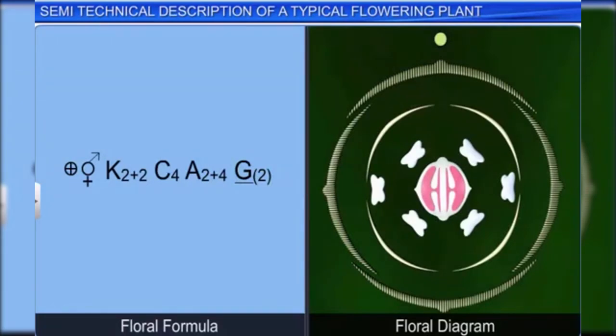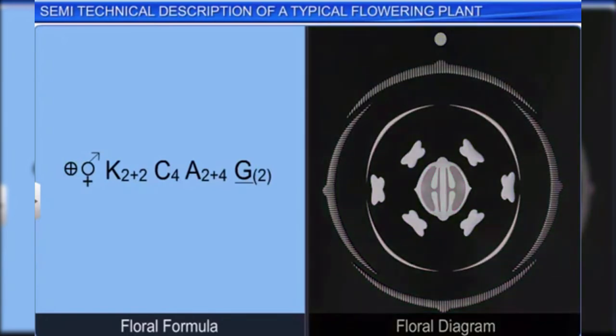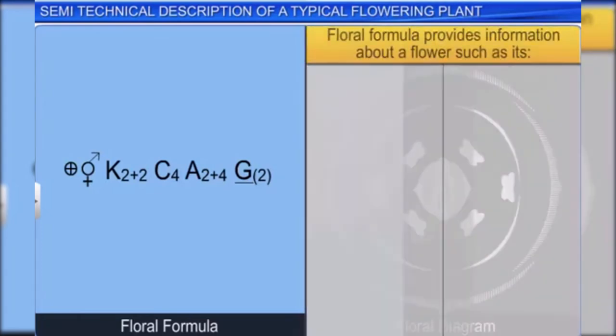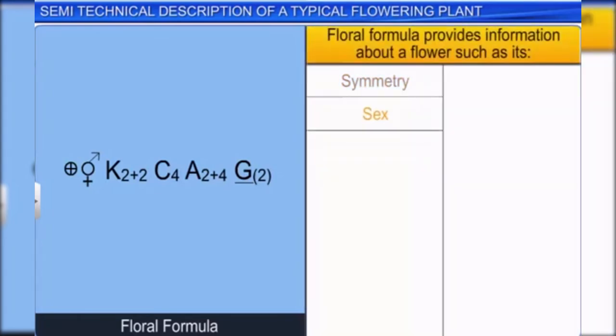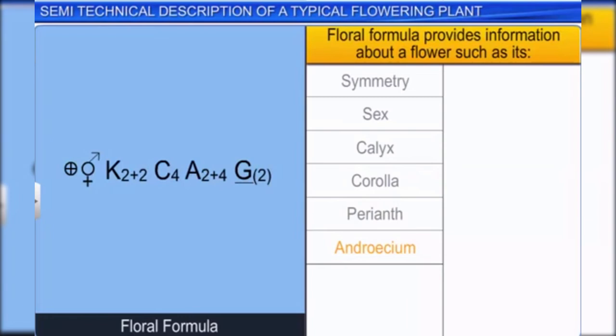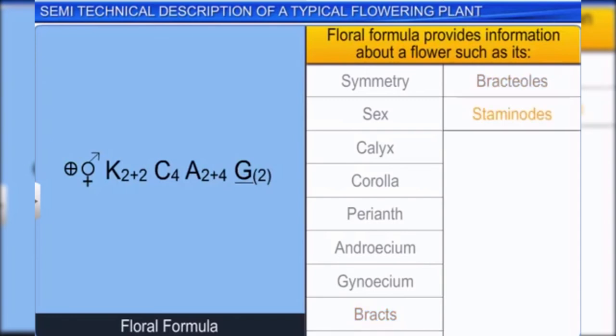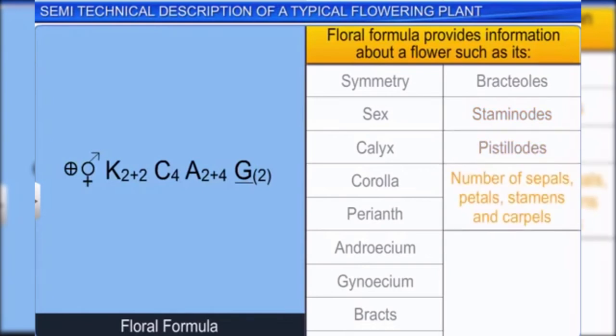description in condensed form. The floral formula is represented by a set of symbols and provides information about a flower such as its symmetry, sex, calyx, corolla, perianth, androecium, gynoecium, bracts, bracteoles, staminodes, pistolodes, and the number of sepals, petals, stamens and carpels.